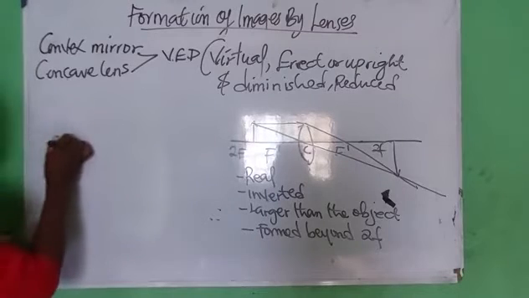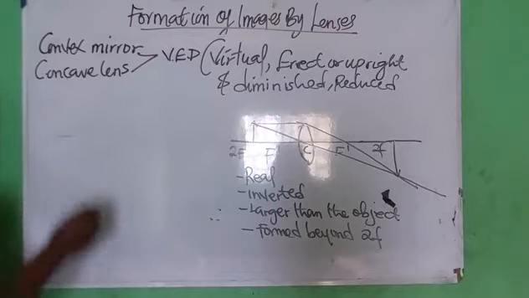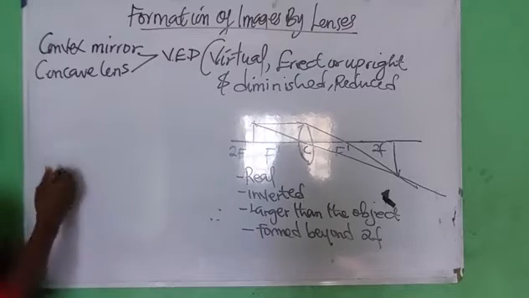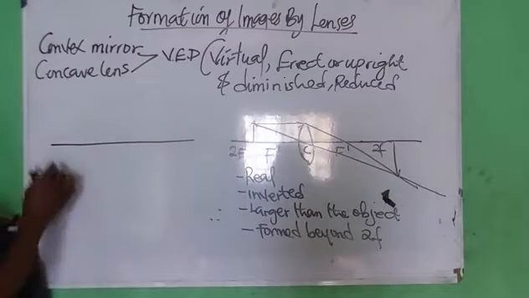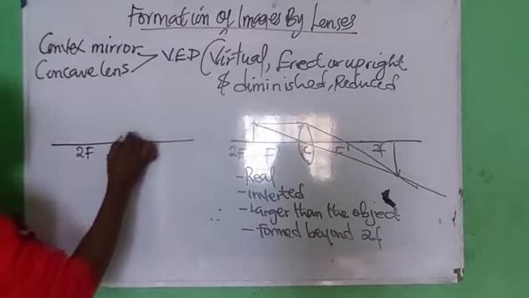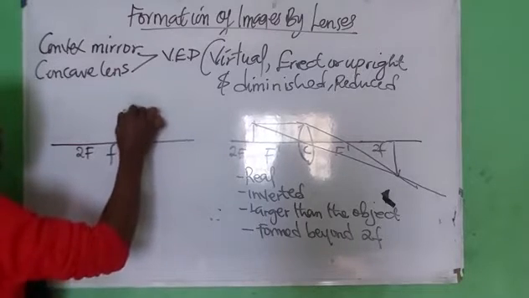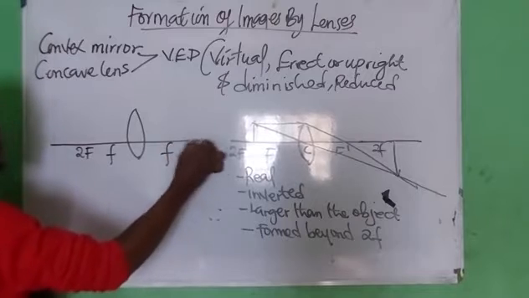But if I have a plane, I have an object placed at, I have a surface, and I have 2f here, and I have f. I have my length, I have f, and I have 2f.